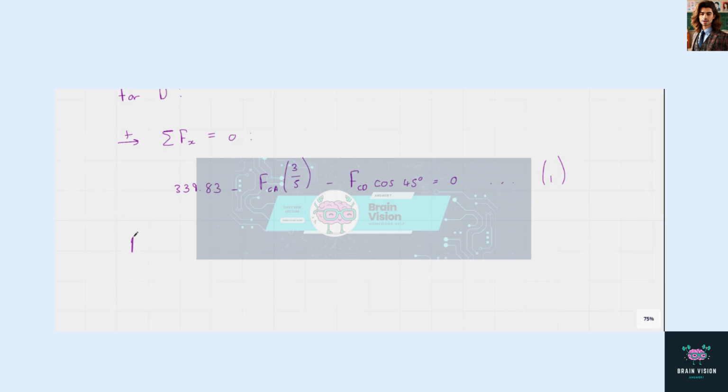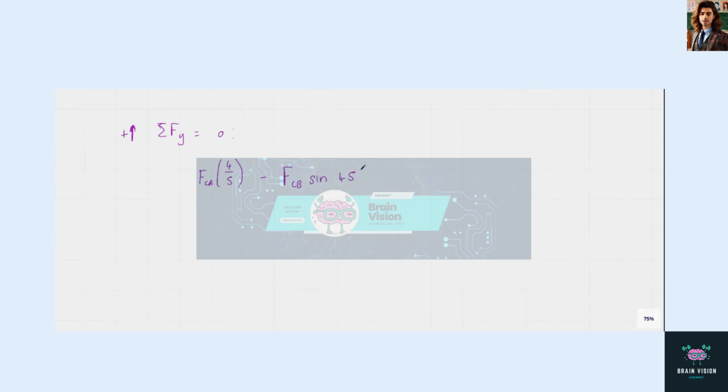If we take vertical components with upward to be positive and sum them for all the forces, again this must be 0, and this is FCA times 4/5 minus FCB sine of 45 degrees, and again this must equal 0.